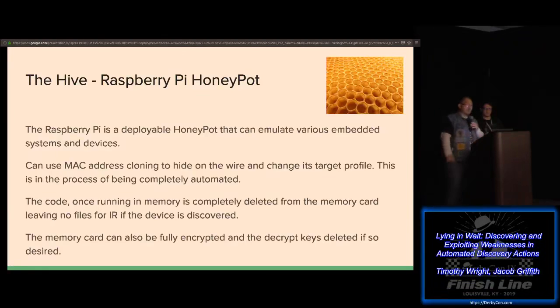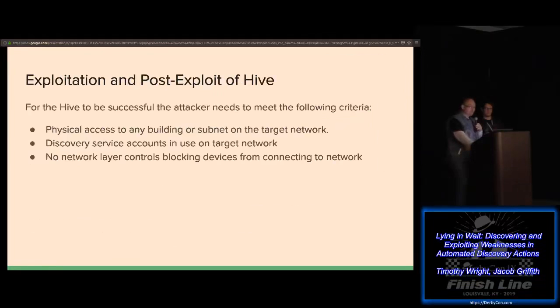If you unplugged the Ethernet cable, everything was gone out of memory. So it was a really neat platform to do this type of attack. And then Jacob modified it a little bit more and did a full encryption on the memory card and deleted all the decryption keys. So it's encrypted and the keys are gone, so we can't even get it back.